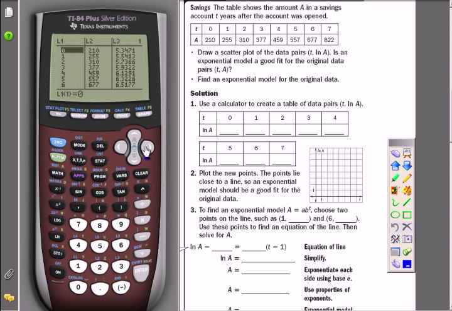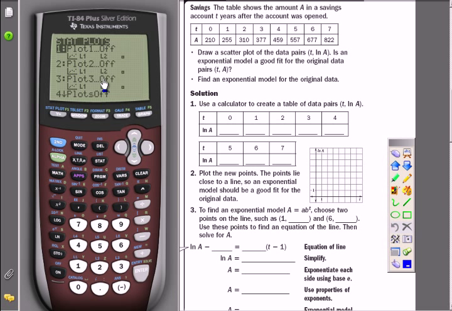And now we want to plot the new points to a line. An exponential model should be a good fit for this original data. Let's see if it makes a line. So we're going to go to second, stat plot. Now I know you haven't ever used stat plot up to this point. We're going to go to stat plot, and I'm going to hit enter right here. I'm going to turn this on, and I want to compare list 1 not to list 2, but remember, to list 3.